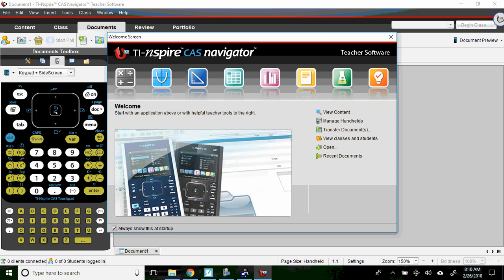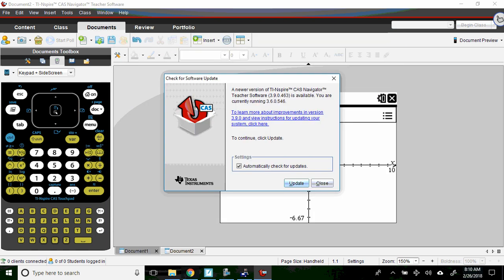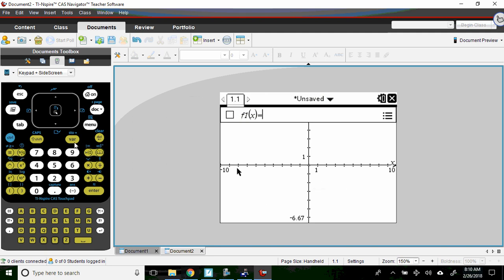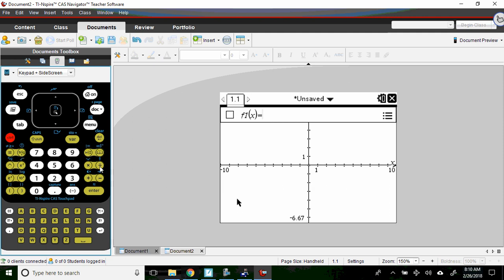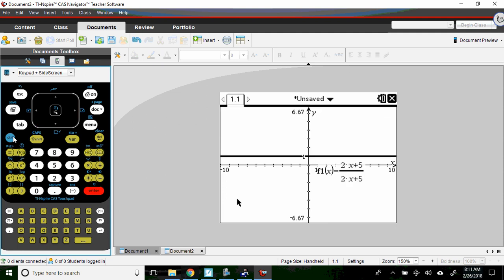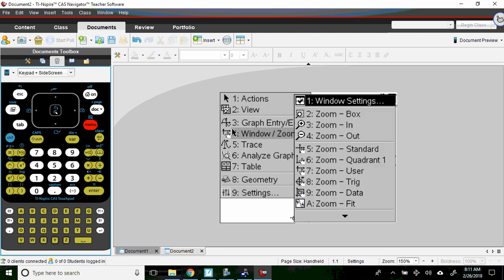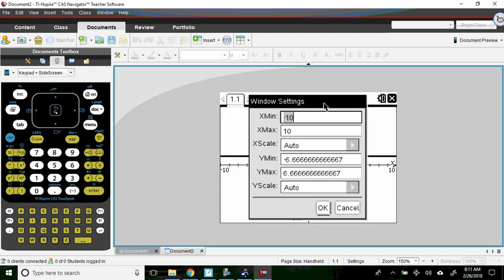So in the meantime, this other calculator is loaded, so I'll go ahead and graph this here. And this is where I've got to be honest, I don't like the Inspire. I'm using the CAS today, and there's a good reason for that. So our function was 2x plus 5 over itself, over 2x plus 5. And so when we graph that, it looks like the line we talked about. Let's change our window. Same window as before.